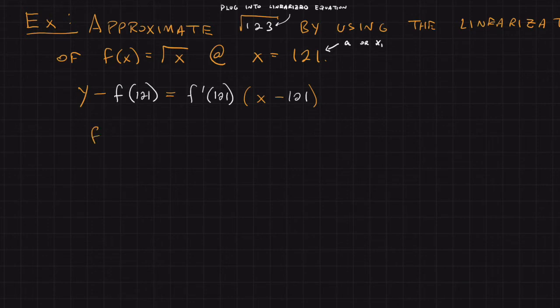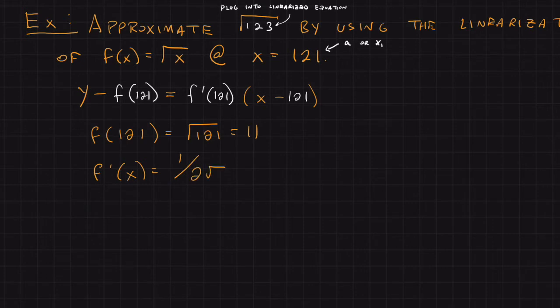Next, we can find f of 121 by substituting 121 into the f of x formula. The square root of 121 is 11. Now we need to find f prime of x. This would equal 1 over 2 root x. Finally, we can find f prime of 121 by plugging 121 into the f prime formula.